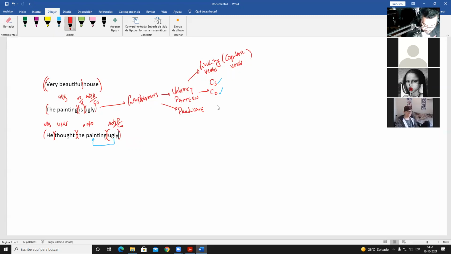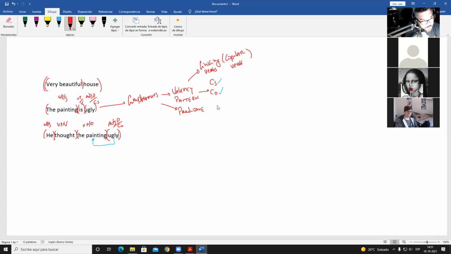Because all the rest of the sentence is what's being said about the subject. So in this example, he thought the painting ugly. Then the subject is he, and the predicate would be thought the painting ugly. And in the second example, the painting is ugly. The subject is the painting, and the predicate is ugly.